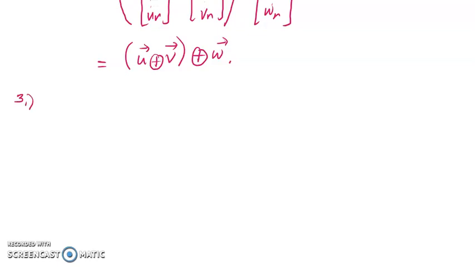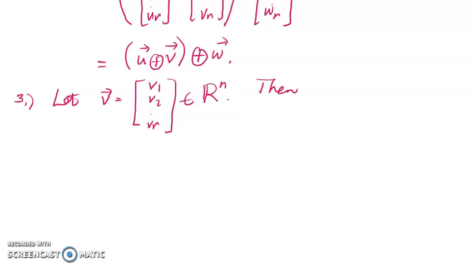So we need to find one. Let us pick an element. Let v, for example, be a vector in Rn. This is an element of Rn.